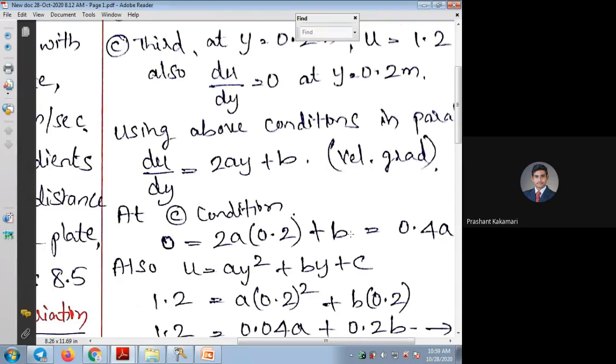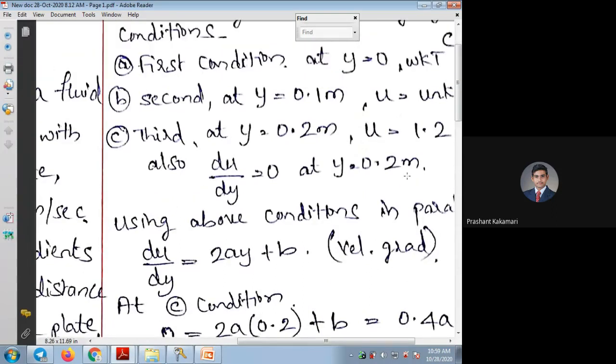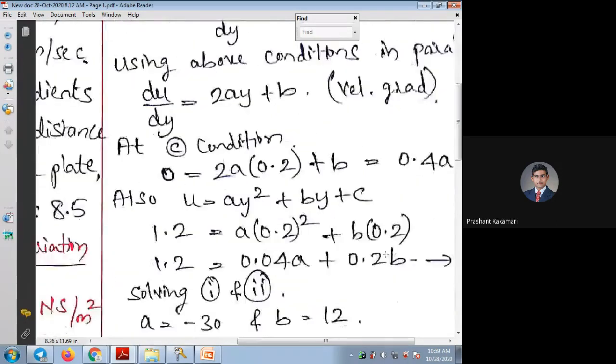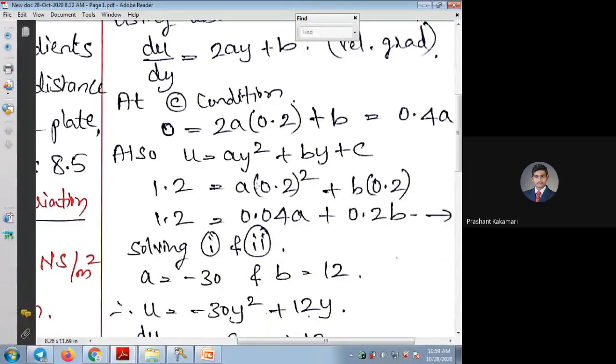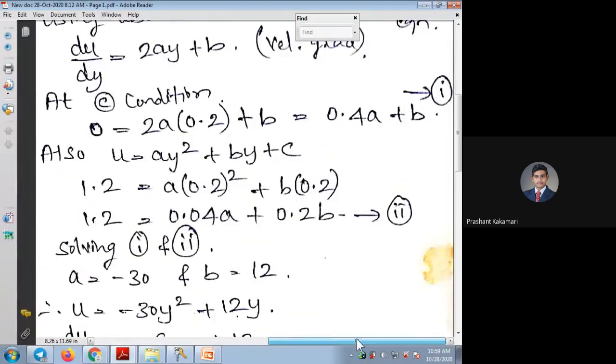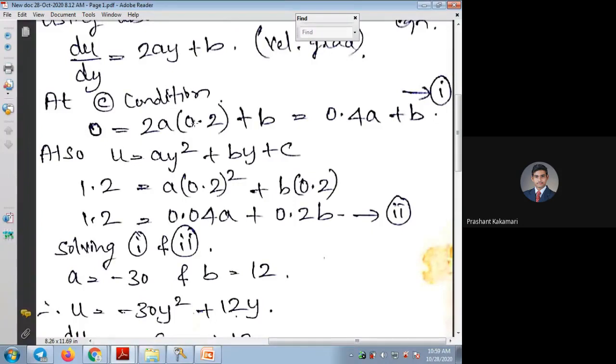The constants a and b we don't know, but C we found out from the first condition as 0, and in du by dy, C is not there. So we can write it as 0.4a plus b equal to 0. This is the first condition, or I can call it equation number 1.